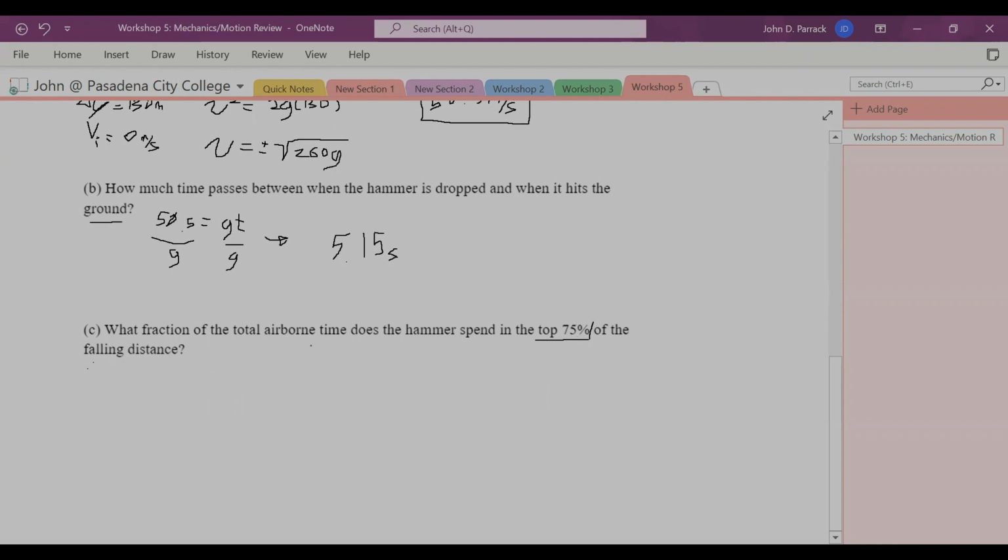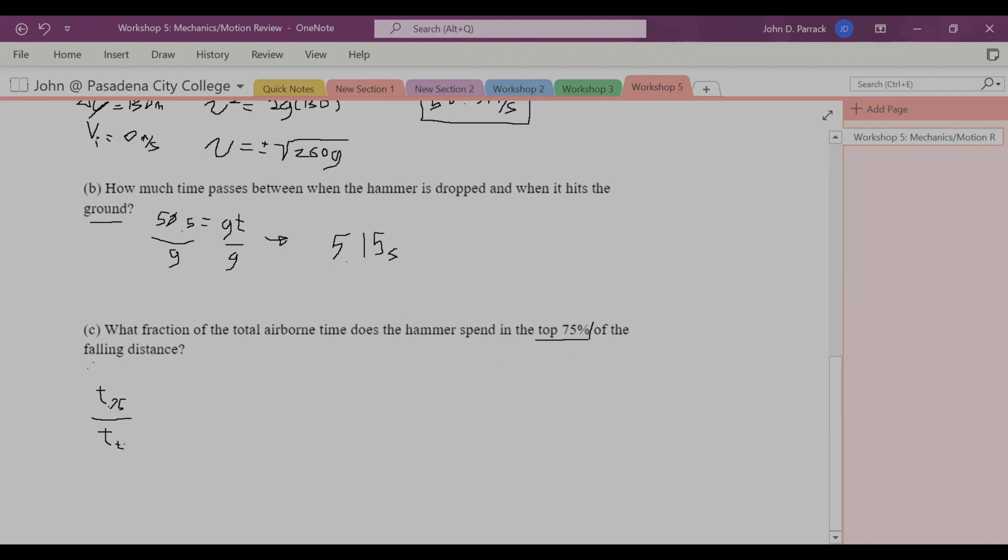So what fraction of the total airborne time does the hammer spend in the top 75% of the falling distance? The final answer that they're looking for is a fraction. They want the time in the top 75, so let's call it t.75, the time to fall the first 0.75 of the distance, divided by the time total, the total time to hit the ground.